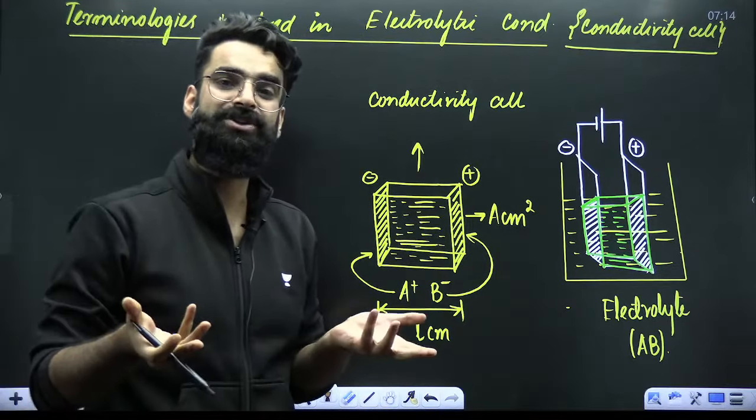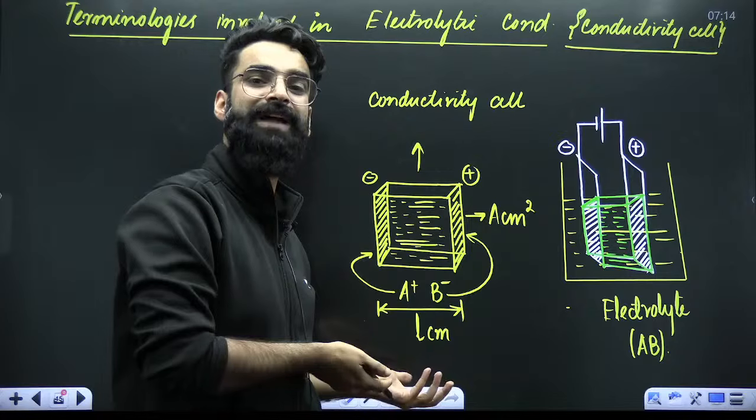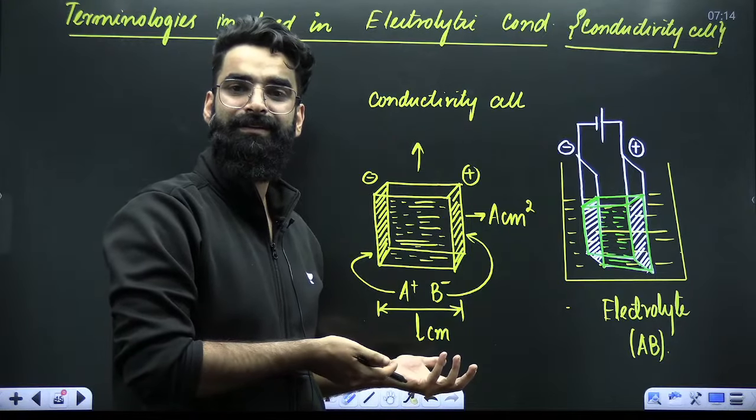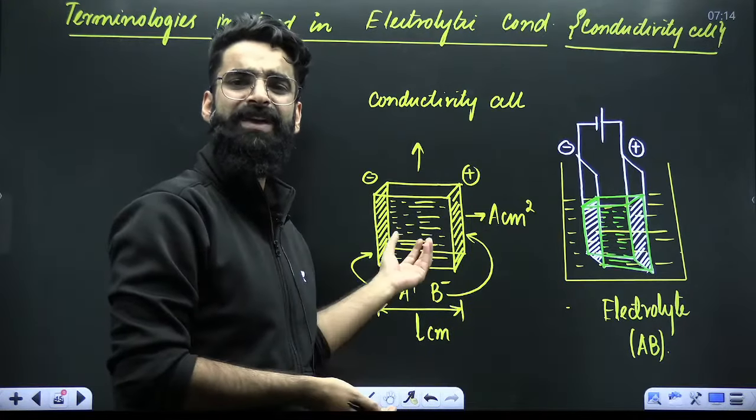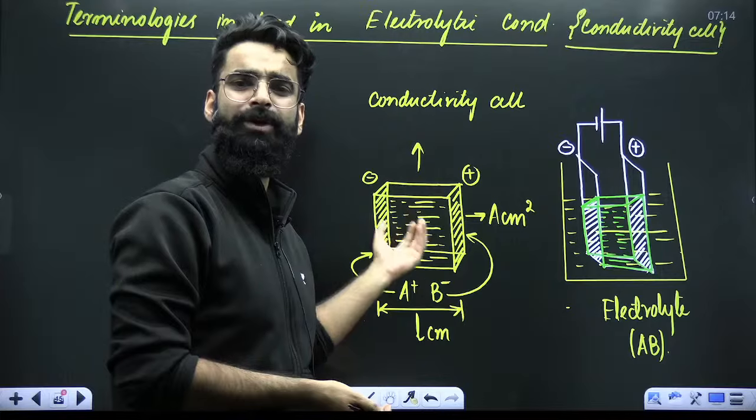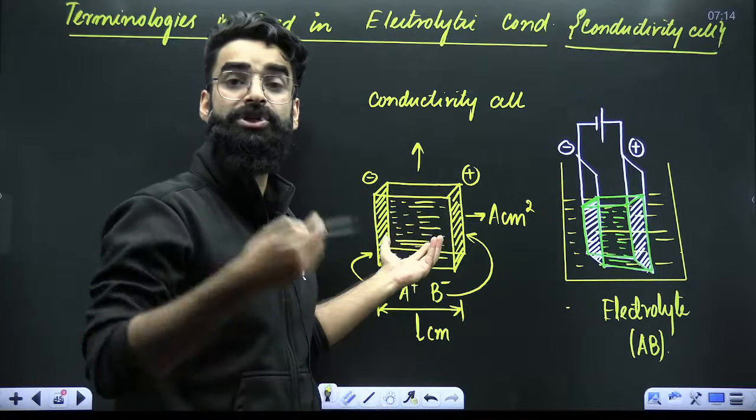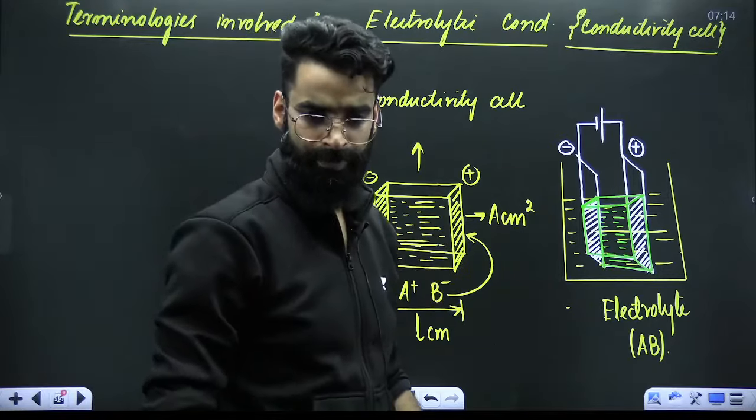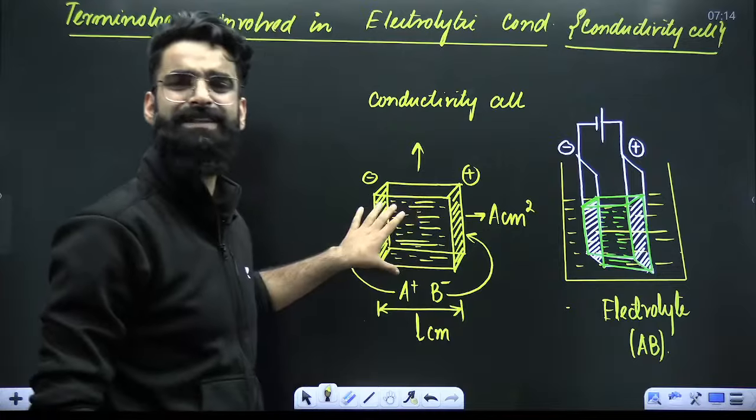And that obstruction in the movement of the ions is the reason why we say this particular electrolytic solution shows resistance. So what is the resistance of this cell?